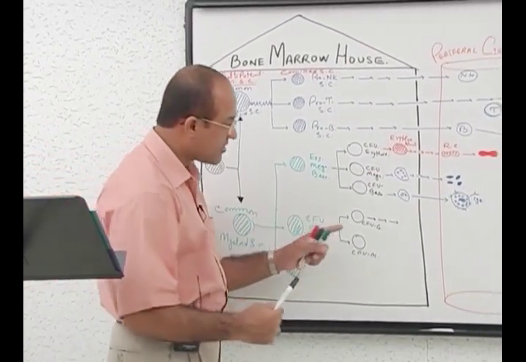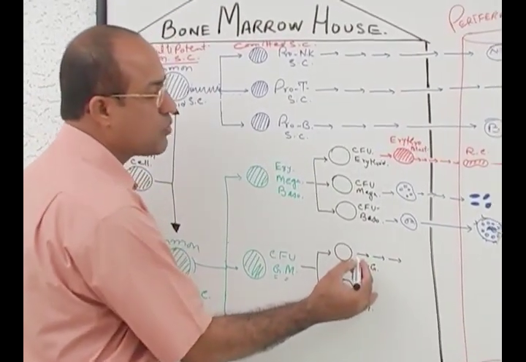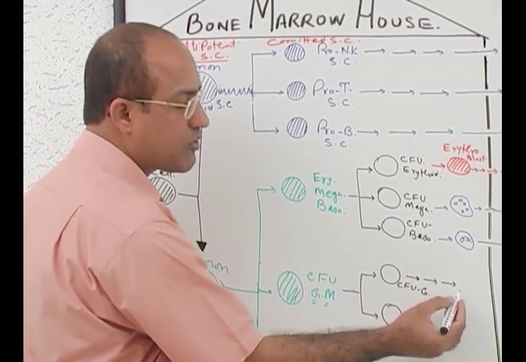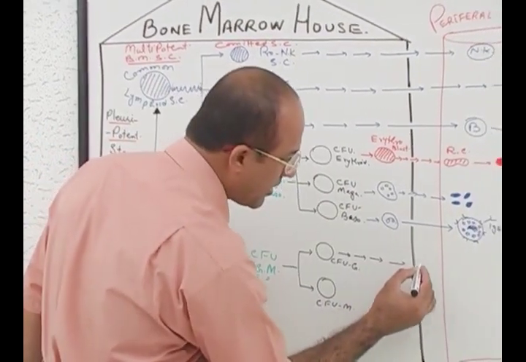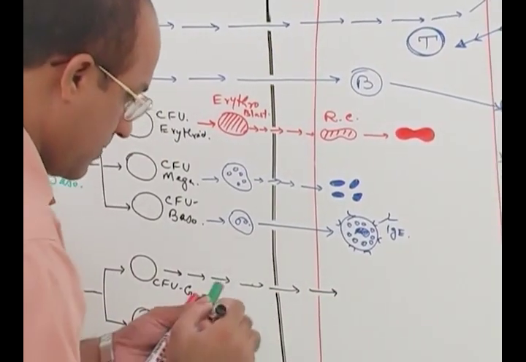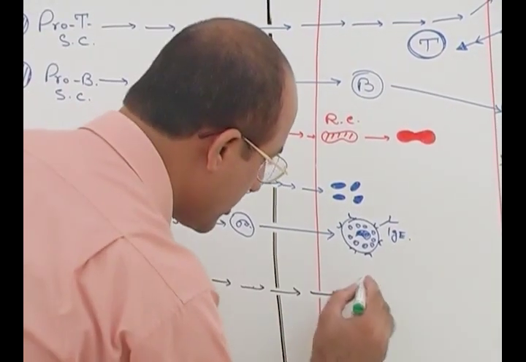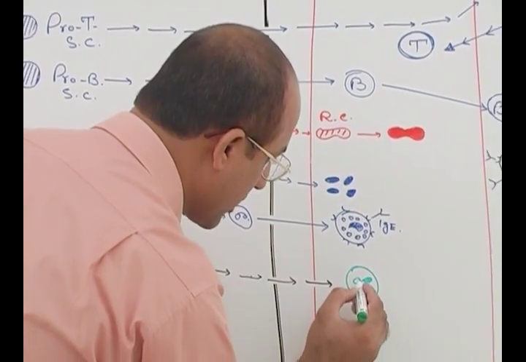Of these precursor cells, the colony forming unit for granulocyte will pass through promyeloblast, then myeloblast, then myelocyte, and eventually it will convert into, you must be knowing, neutrophil. And please remember, neutrophil is also a granulocyte.